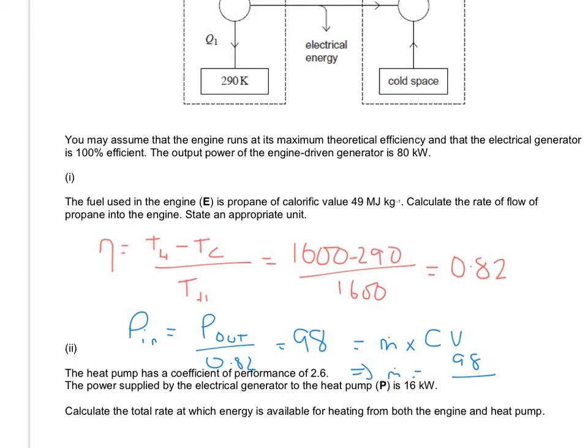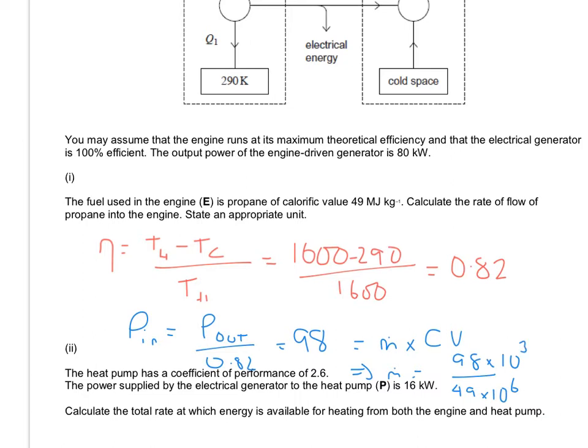which is 49 times 10 to the 6. Remember, this was in kilowatts, so that should be times 10 to the 3.